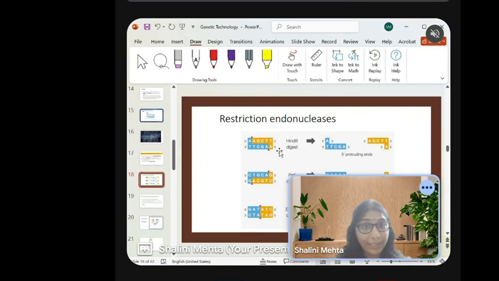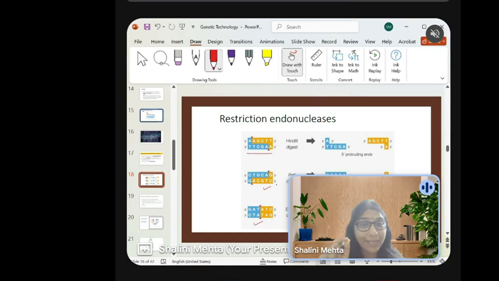For example, HindIII recognizes this sequence, whereas EcoRV will recognize another sequence, and PstI will recognize another sequence. Based on the sequence recognized on the DNA, they make the cut in the DNA molecule.